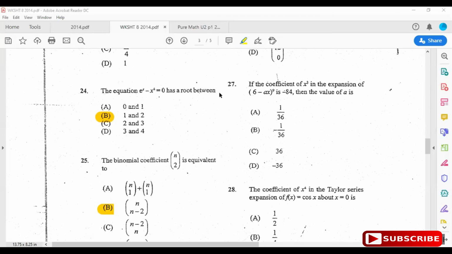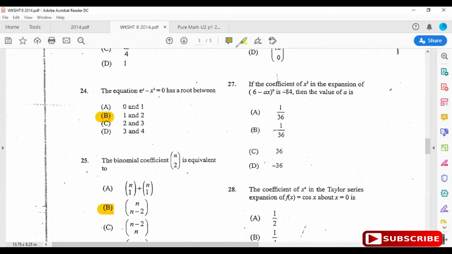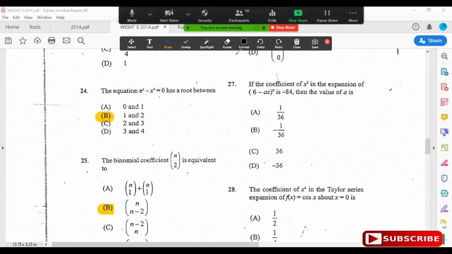And so the coefficient of x cubed is just going to be, well, let's write out what the expansion was again. It is (6 minus ax) to the 9th power. I have a good feeling that this same question is going to come back.